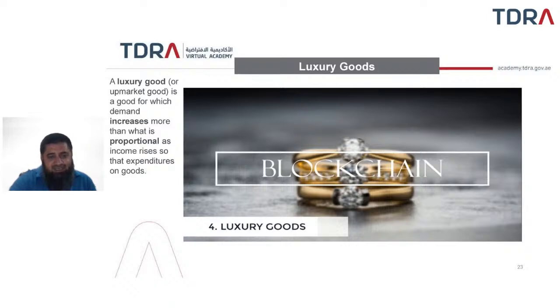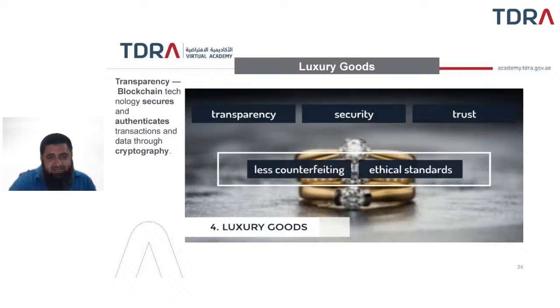So no one can steal that luxury good, or provide deceived information about the originality of that luxury good. Similarly, there is transparency, security, trust, less counterfeiting, and ethical standards, which make it more reliable when the blockchain comes in for managing luxury goods.